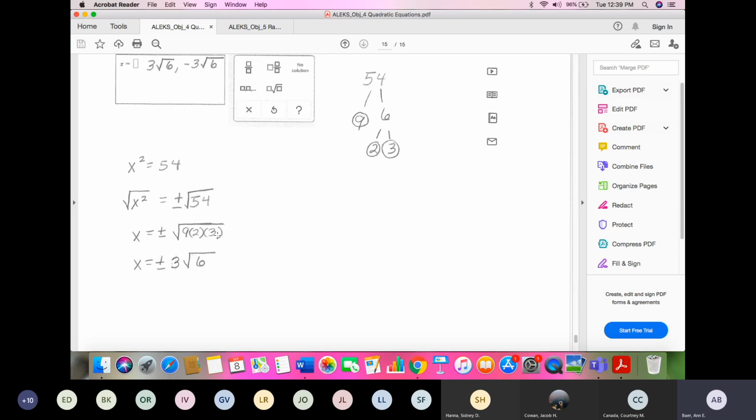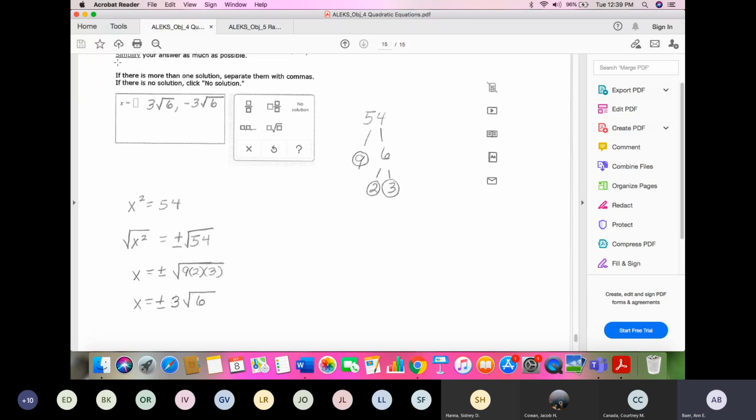We can't break them down. The only way would be 2 times 1 and 3 times 1, so there's nothing we can do. So we leave 2 and 3 underneath the square root sign, and we multiply them out to get 6. 2 times 3 is 6. So we're left with x equals plus or minus 3 root 6.